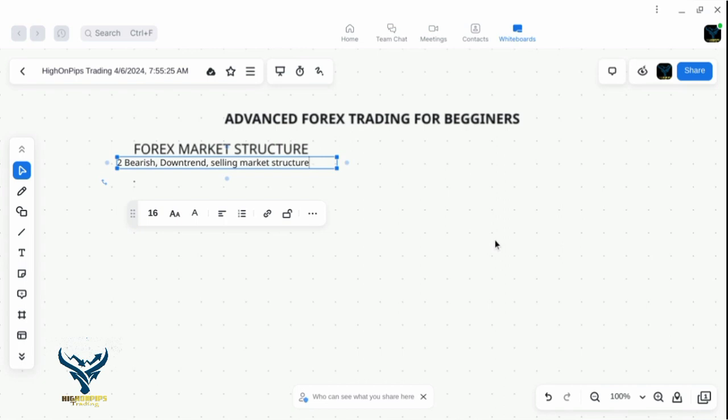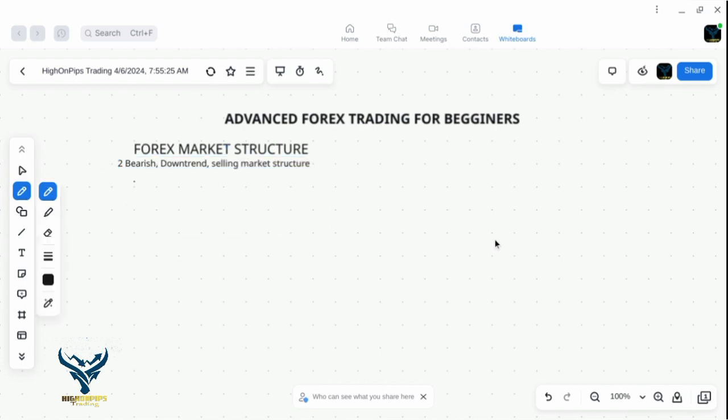In a bearish trend, the market moves this way. After the market has been going up, it has to come down. So a bearish trend, or the structure of a downtrend or a selling market, is like this.